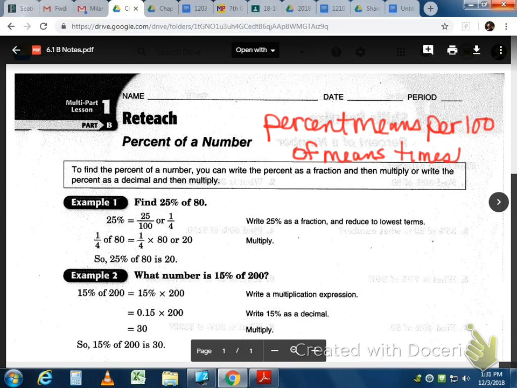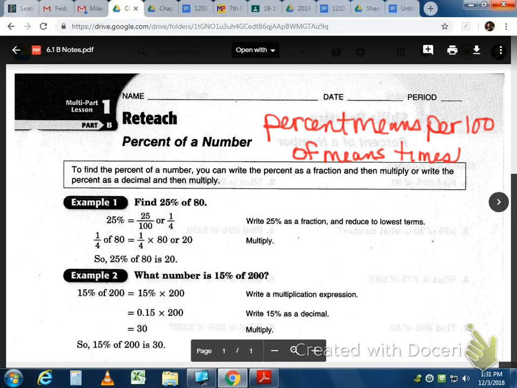So that's where the multiply comes in. Of always means times. Percent means per 100. You're trying to find what portion of the amount is equivalent to that percentage.